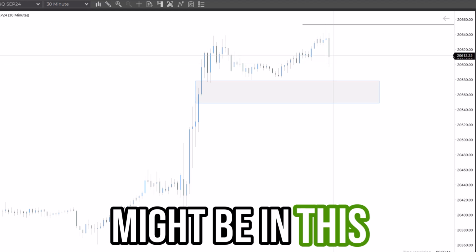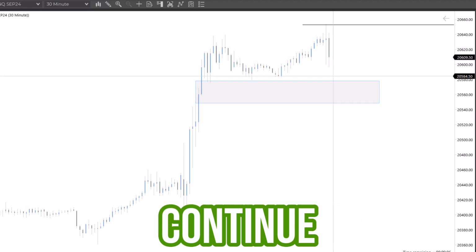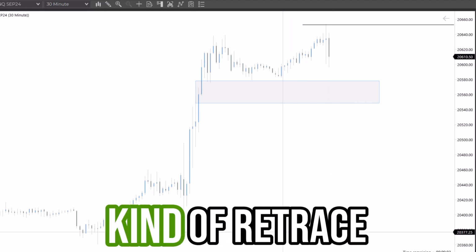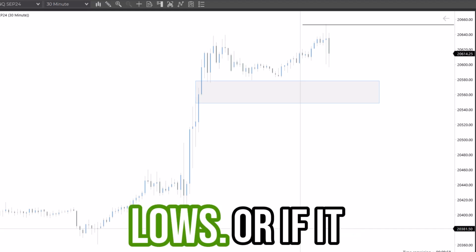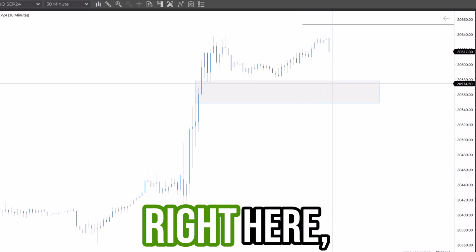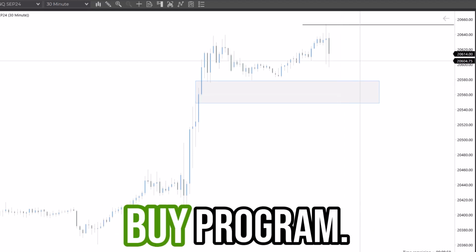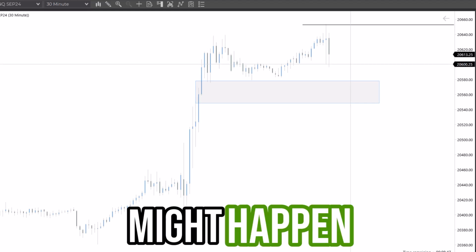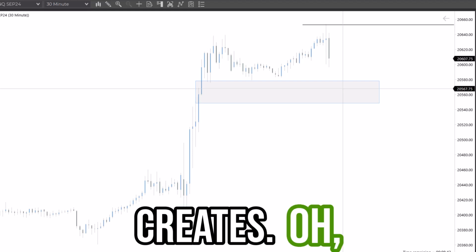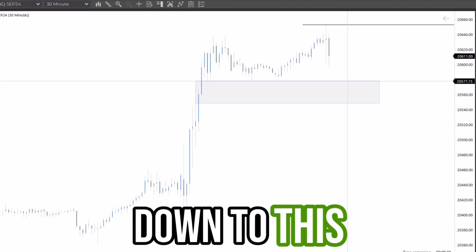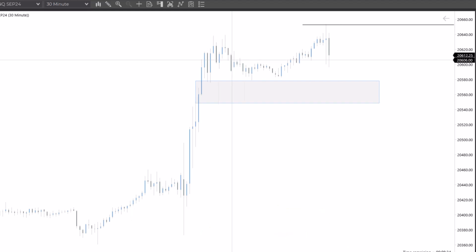It might be in this moment that it does so, and we could see if price wants to continue downward to retrace and go back to some of these lows, or if it wants to stop right here, probably in this 1 hour fair value gap, and then continue in a buy program. This might happen that way. Otherwise, we'll see the reaction price creates once it gets down to this 25.77 to 25.48 zone.